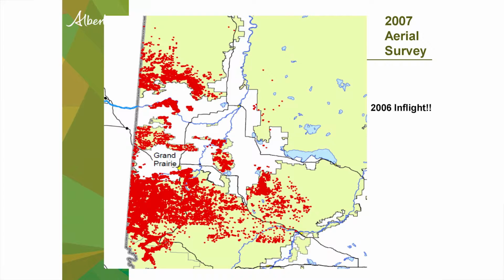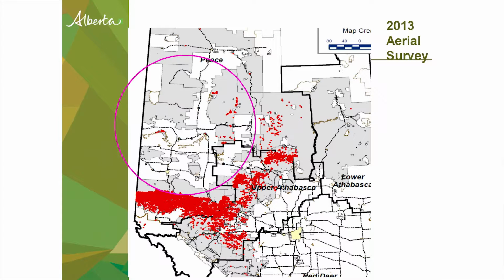So when I came into the position, I looked at what we had, and when we first had the 2006 in-flight, obviously when we did our 2007 aerial survey, we covered everything. So it was 100%, and you can see that's the range of the 2007 aerial survey. The 2013 aerial survey doesn't cover what we initially surveyed in 2006 and 2007. Those are different management goals.